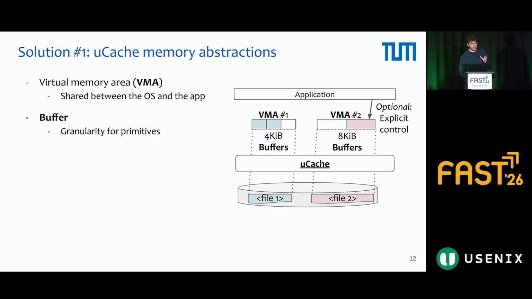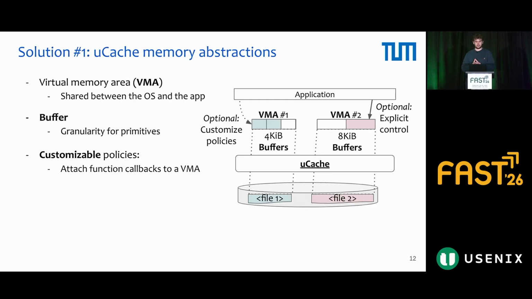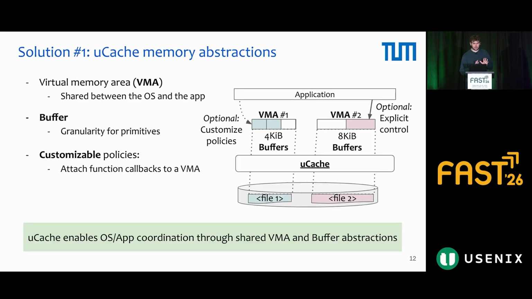These shared abstractions enable the application to specify customizable policy simply by attaching function callbacks to the VMA. Compared to the POSIX API, which only exposes a virtual memory region to the application, uCache enables coordination between the OS and the application through these shared VMA and buffer abstractions.